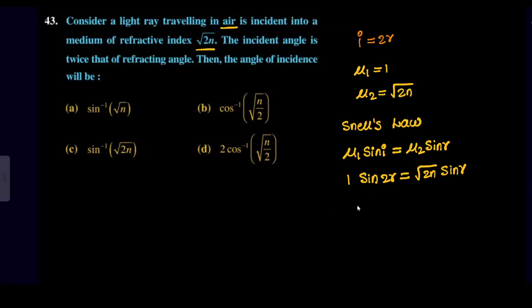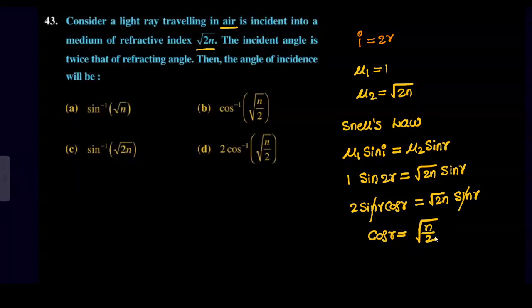Now sine 2 theta we can write as 2 sine theta cos theta. So 2 sine r into cos r is equal to root 2n into sine r. So this sine r will be cancelled. So we get cos r equal to root n by 2.